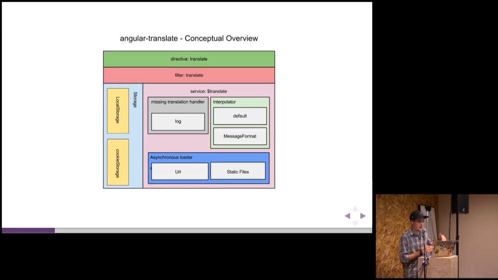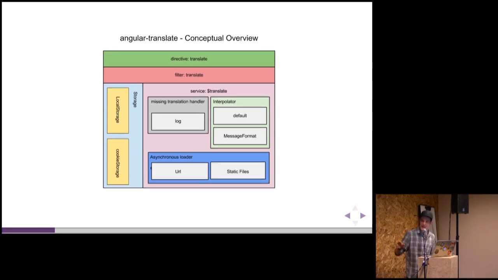So you can have several internationalization data files, JSON files, which follow a certain pattern, and the static files loader would take care of loading them, right?